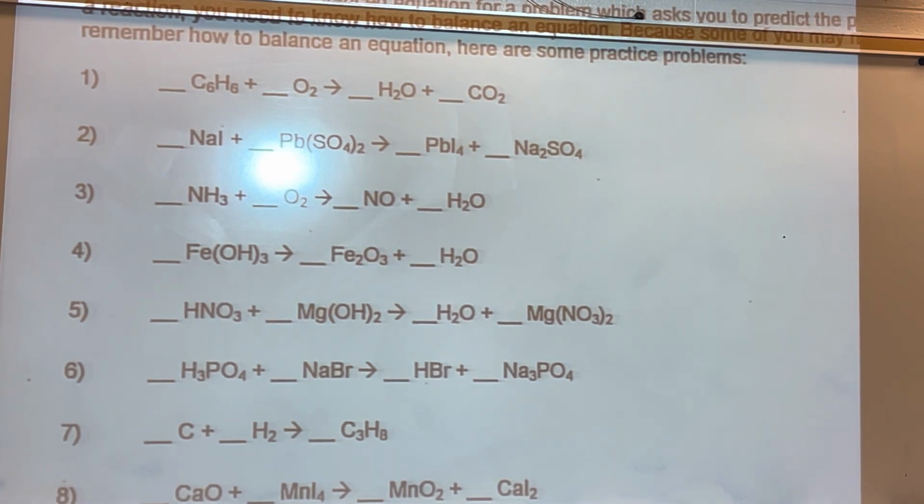The oxygens are in multiple places. So confused. So that gives you 12. And this three is 15. Okay, so you could either do 15 halves or just double everything.